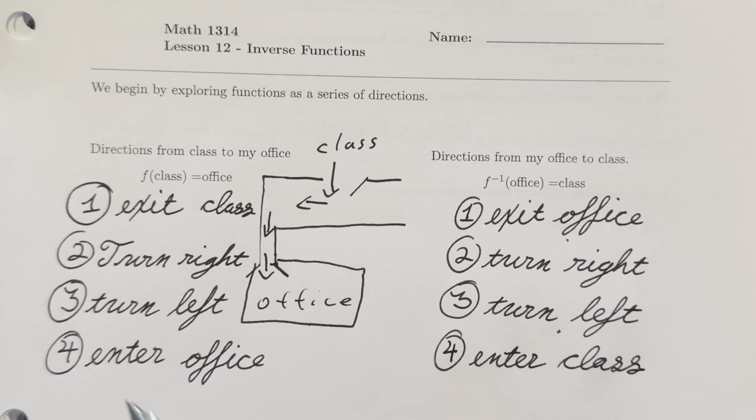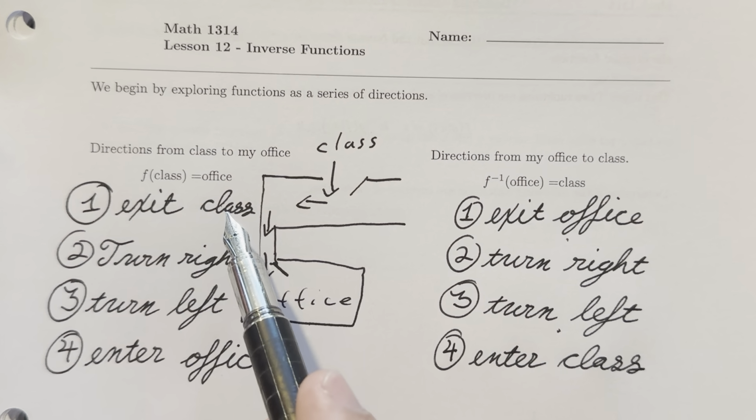Let's note a few things. Same number of steps either way. Note that the inverse function does a couple of things. One, it does all of these steps but in reverse order, and it does the opposite of what they did. So for instance, the first step was exit the class.